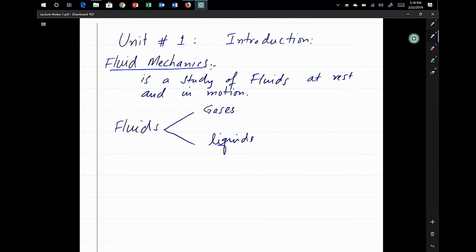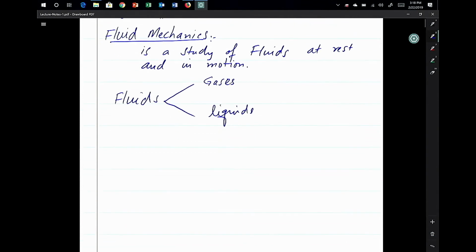So the fluid is that part of matter that deals with liquid and gases. Obviously, there is something else called plasma, which we never deal with, at least in the civil engineering field. Not now, maybe in future, but we don't need to deal with plasma.